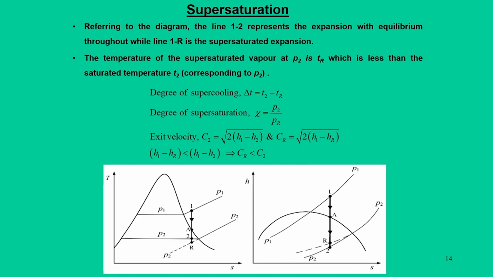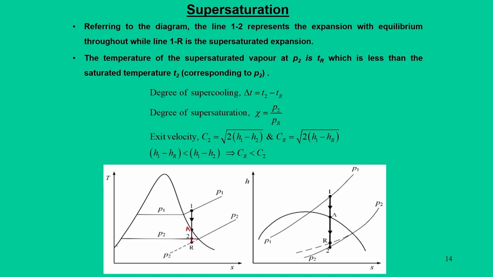Now, if you look at the same figure again, what we can see practically is the same process 1 to 2, and A is defined at this saturation point when the steam crosses the saturation point. From 2 to R is the state at which we can say that the steam is supersaturated.